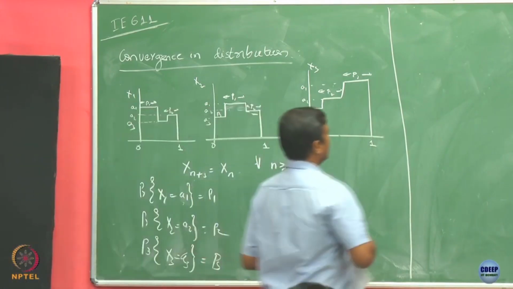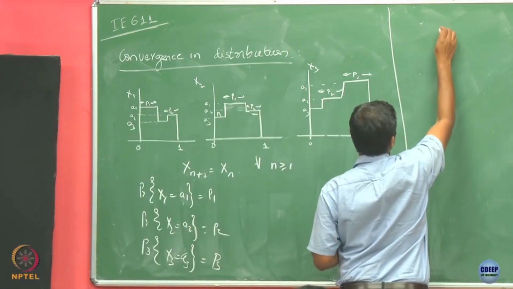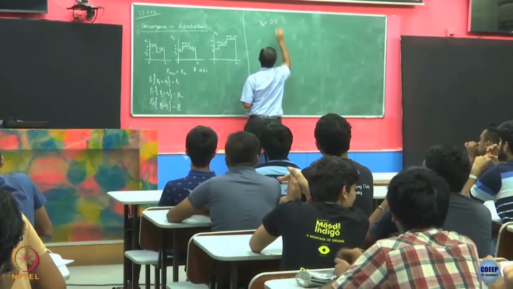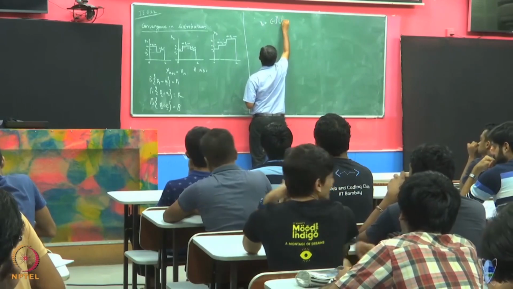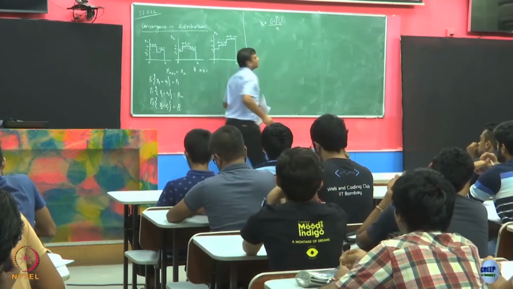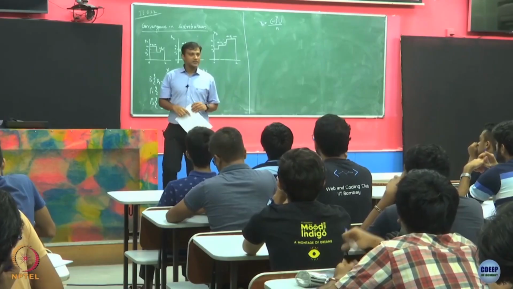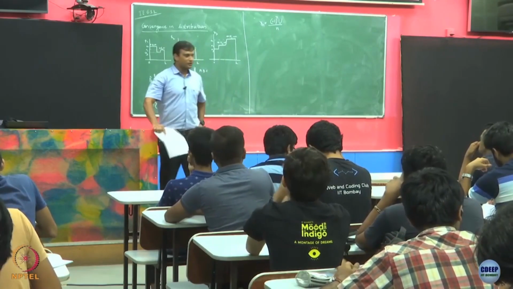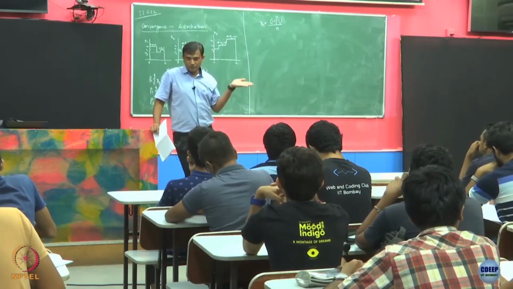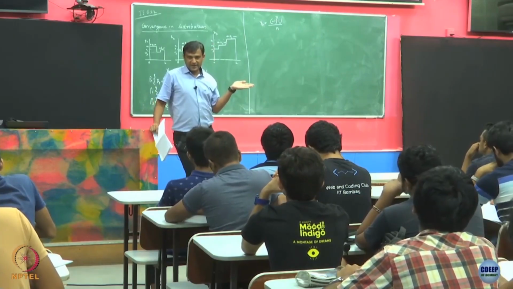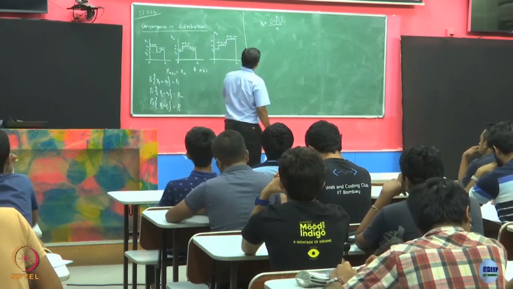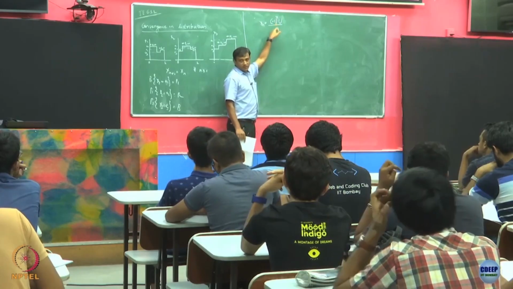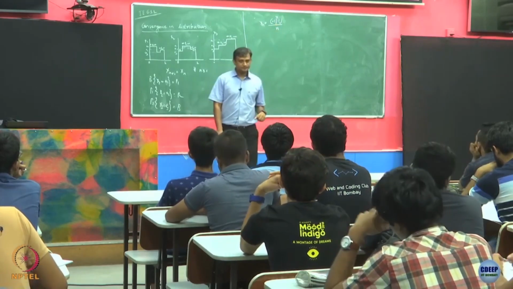Now let us look at another sequence of random variables. I am going to define a sequence of scaled uniform random variables here. What is U here? U is a uniform random variable. I am going to scale this U by (-1) to the power n divided by n.